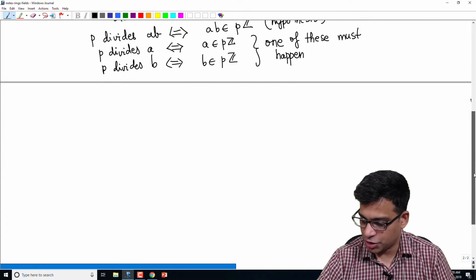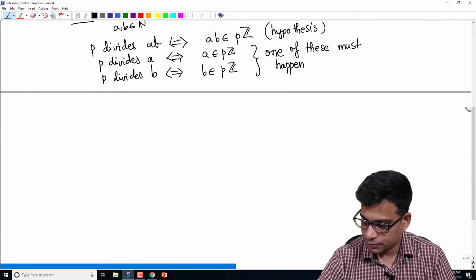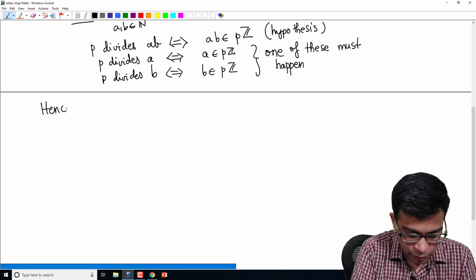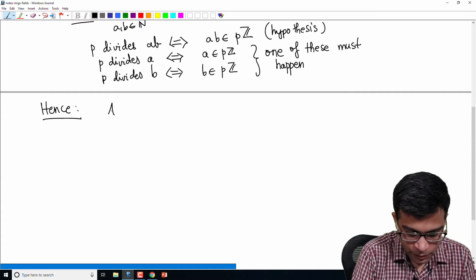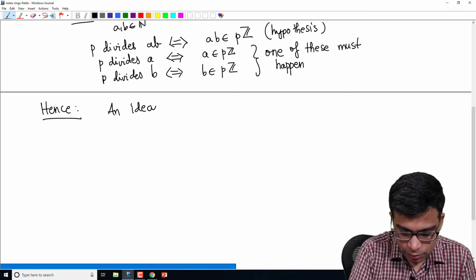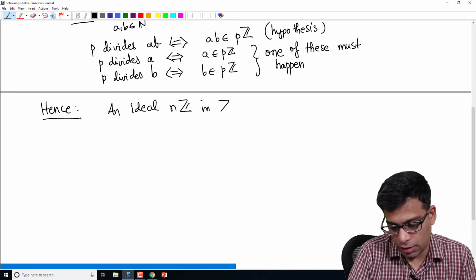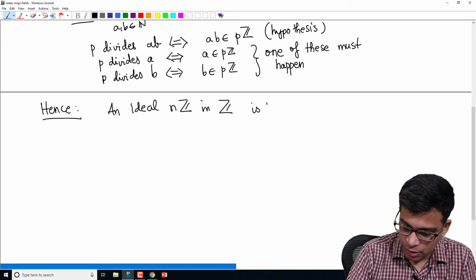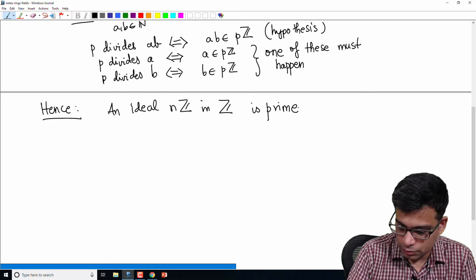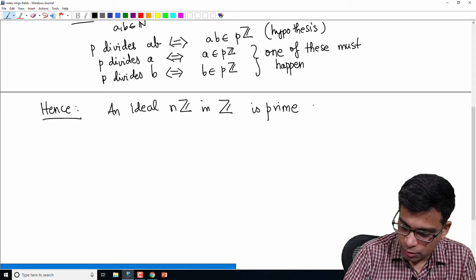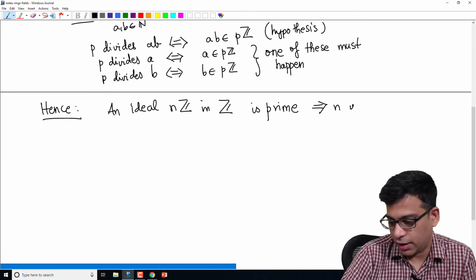Okay, so this connection makes it clear that, hence, we have an ideal nZ in the ring of integers Z is prime implies n is prime.